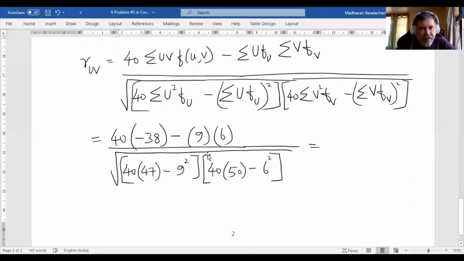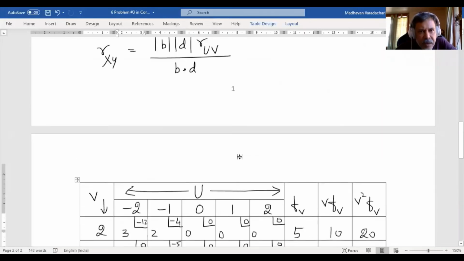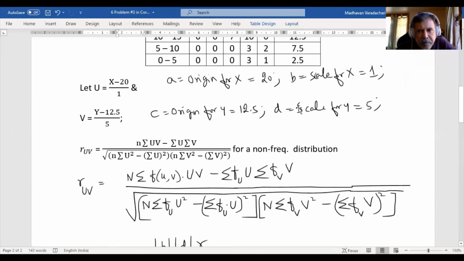Now, if we evaluate this entire thing, we will get the result as negative 0.84. Therefore, R of X comma Y is equal to modulus of B. What is B we considered? B is 1 and D is 5.